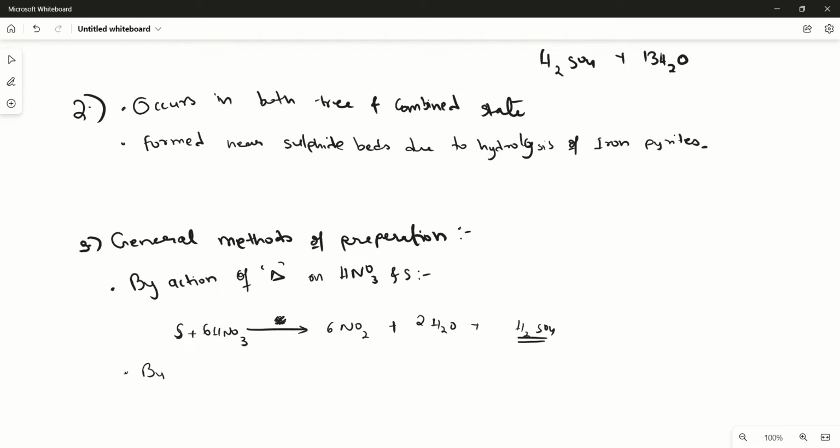Then there is by passage of chlorine through an aqueous solution of sulfur dioxide.